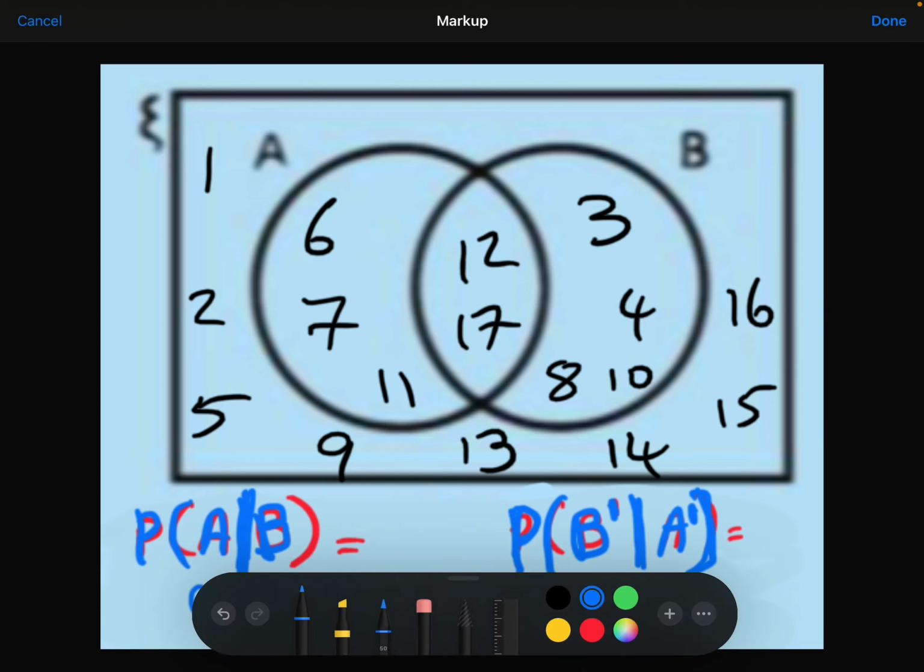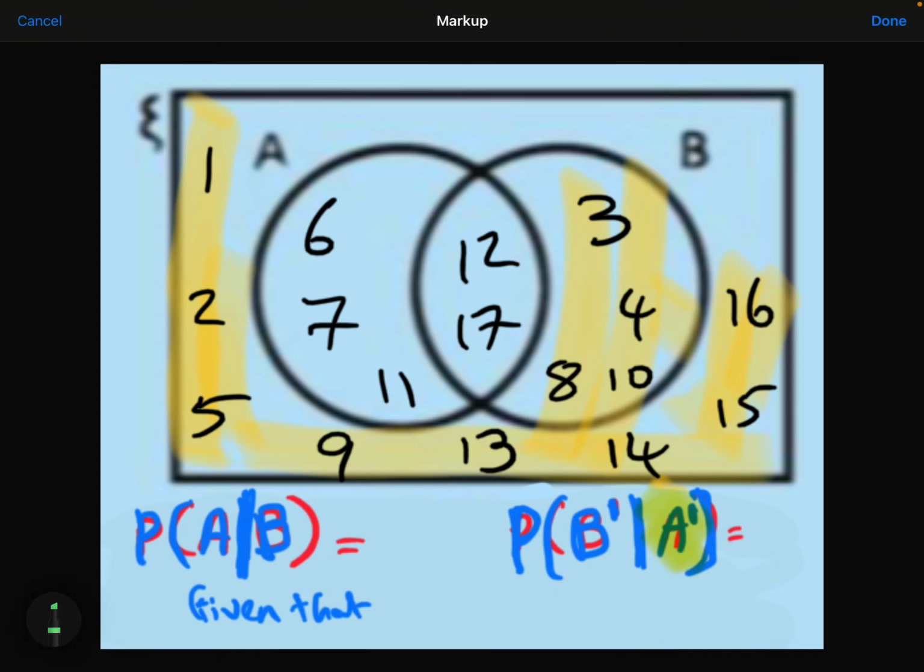Given that it is not in A, let's look at all the numbers that are not in A. So that's all of these. We know it has to be one of those. And we want, based on that, the probability that it is not in B.